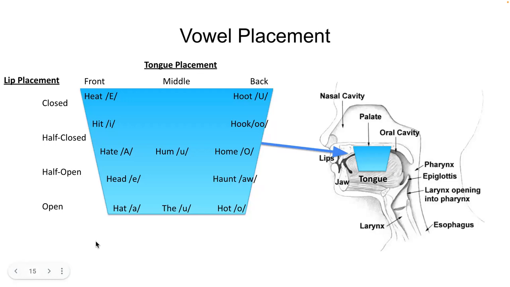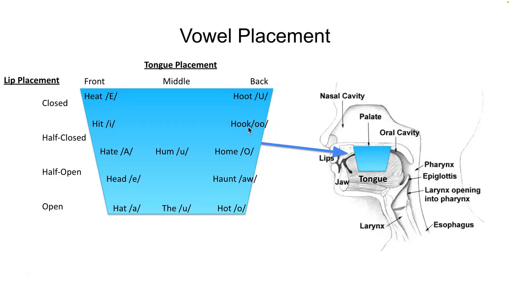Now with the vowels, your lips and your tongue change position depending on where the vowel is formed in your mouth. As we go down this way, we start out with the long E: heat, hit, hate, head, hat. So your lips become more open as you go through these, and your tongue placement also changes.